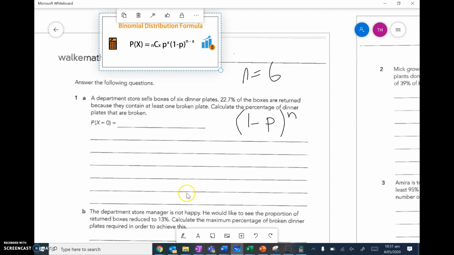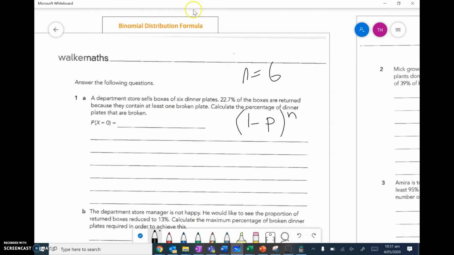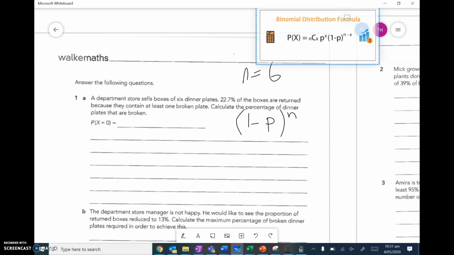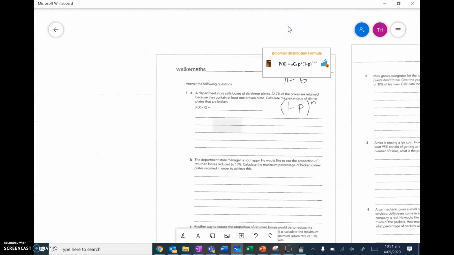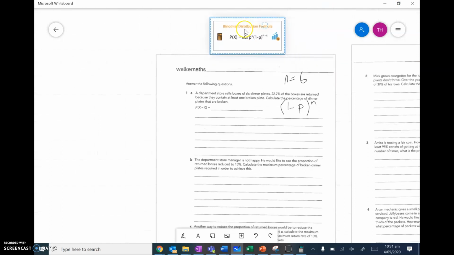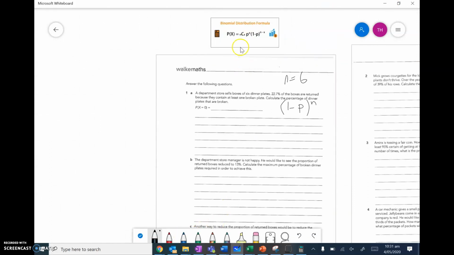This part becomes 1 because this is saying if I have 6 dinner plates, how many ways can I choose 0 dinner plates? That's what that part of the equation means, and there is only one way that you can choose 0 dinner plates.